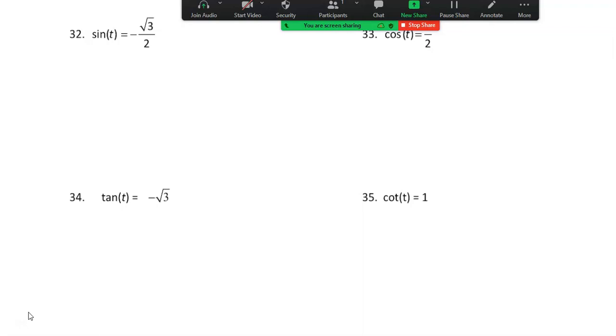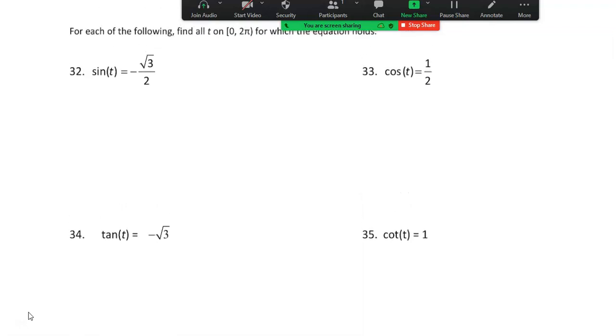Okay, now we have the following. This says for each of the following, find all the angles. So now you're looking for angles for which the equation holds. That's different than what we were doing before. Okay, so let's see. Sine of some angle is negative. So all students take calculus is going to be key.